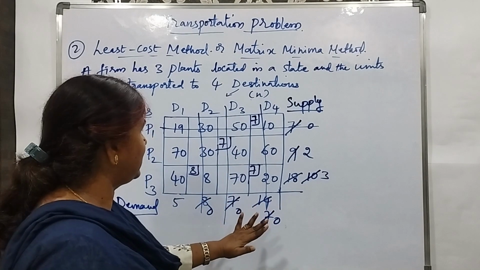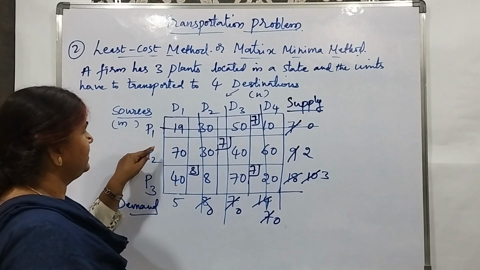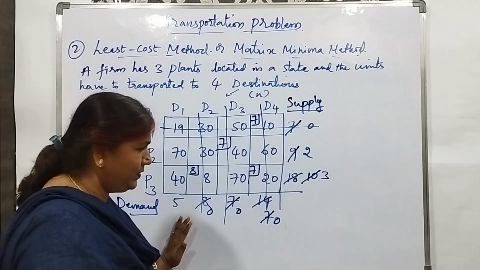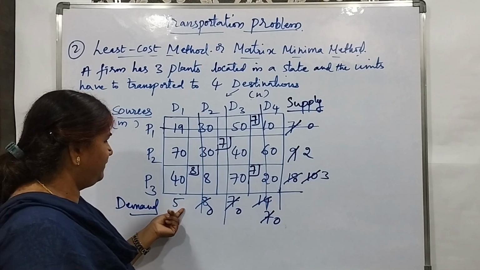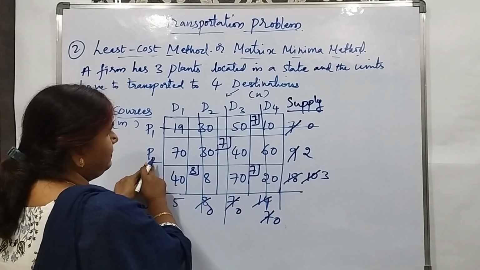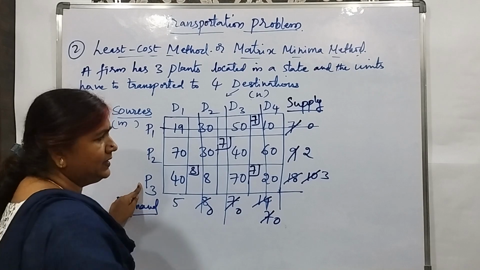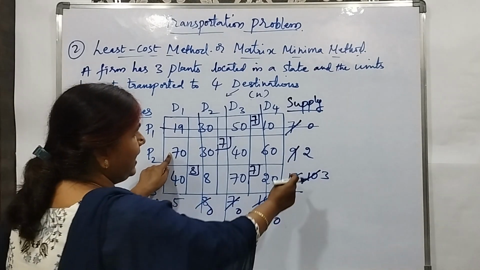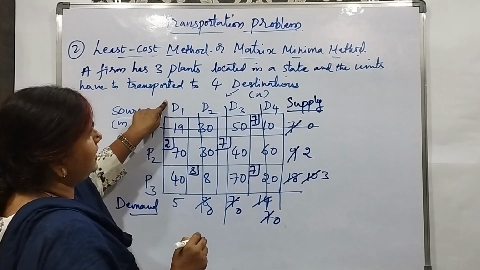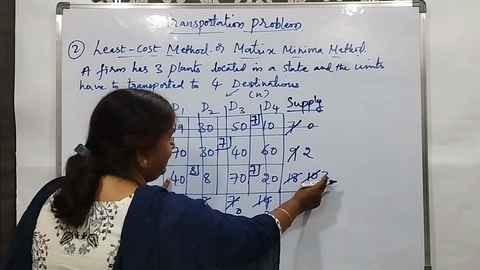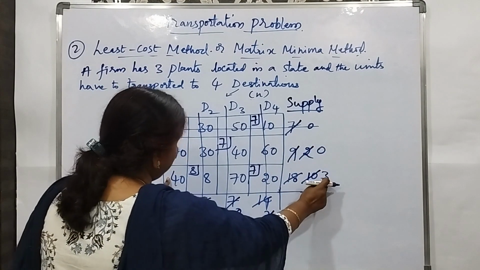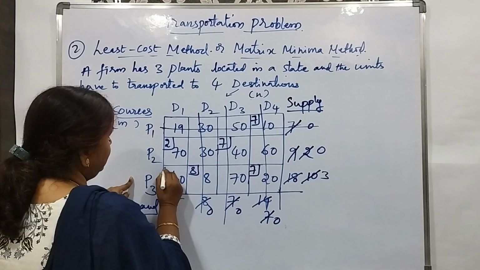Now what are the cells and columns available with us? Second row, third row, and only the first column is available, because here the 5 units demand is still left over, and here 2 units are available with plant 2 and 3 units are available with plant 3. Let's see, can we pick these 2 units from plant 2 and transport to D1. This is exhausted, and pick out these 3 units from plant 3.